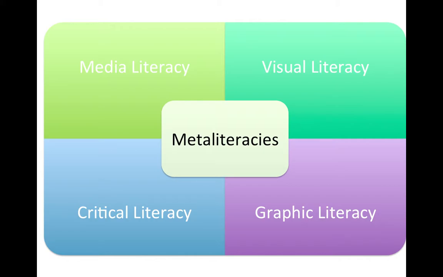Critical literacy is the ability to read text in an active, reflective manner in order to better understand power, inequality, and injustice in human relationships. Wow, that is a powerful one. I especially like those words of reading text in an active, reflective manner.